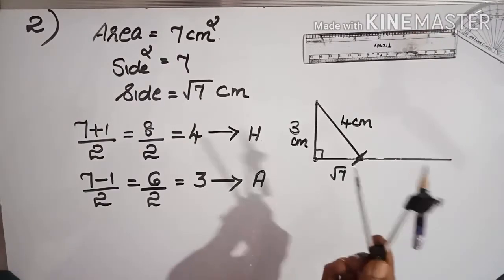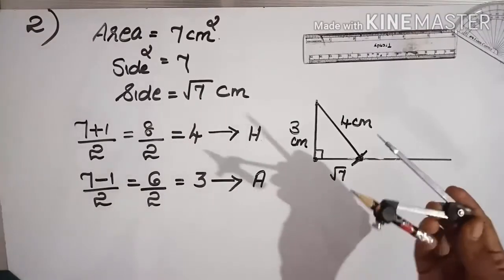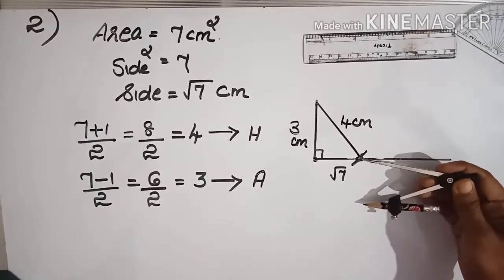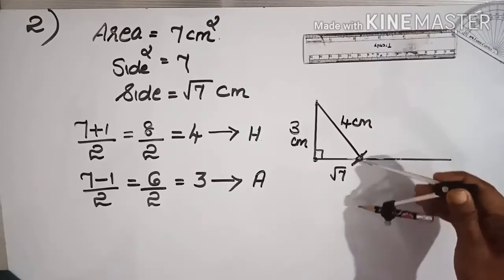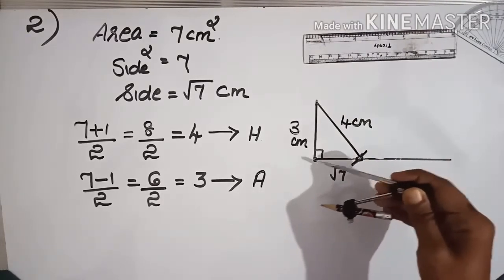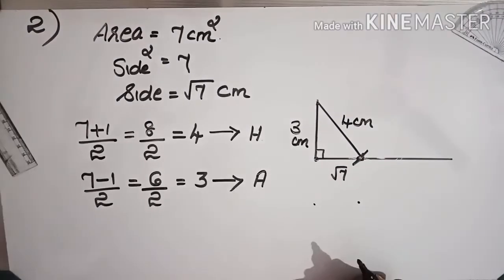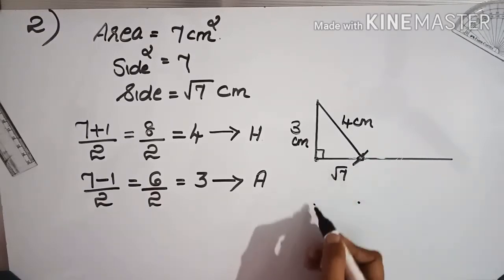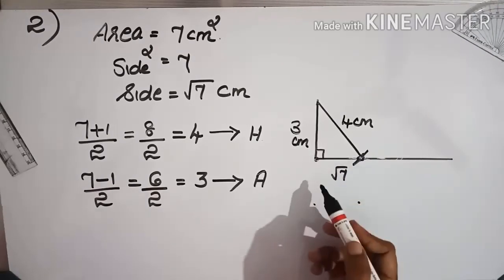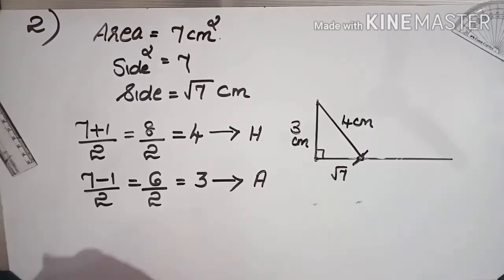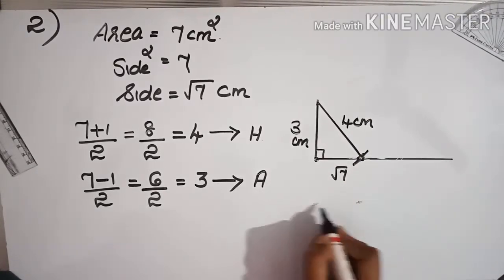Then keep the pinpoint here and draw one arc on this side. From here also you have to draw one arc with this measurement. So you will get 2 points.